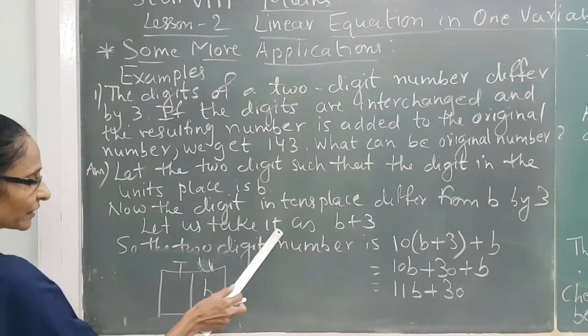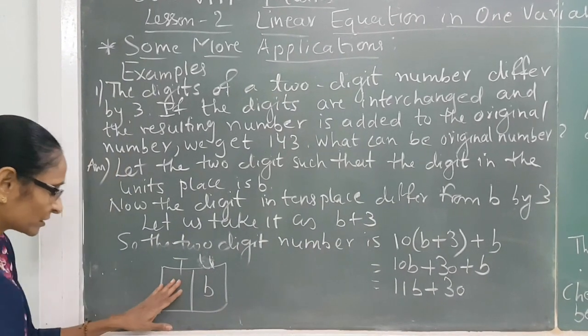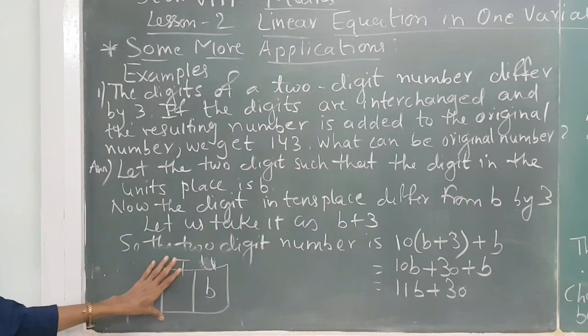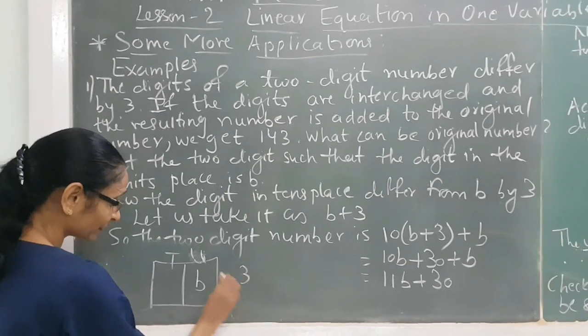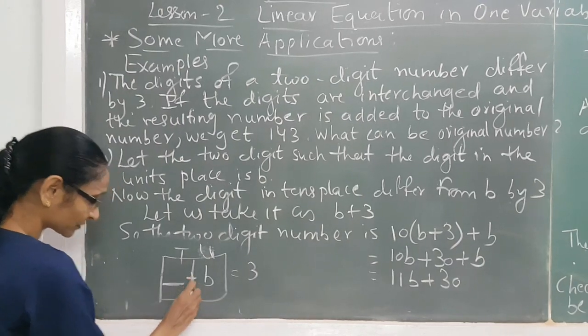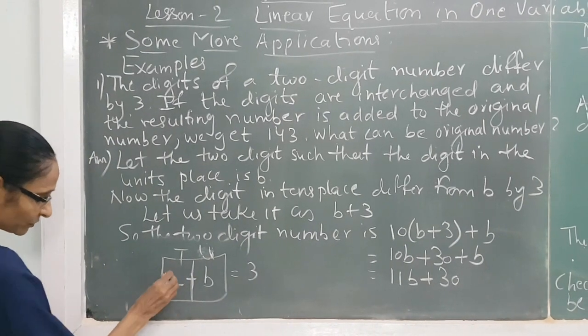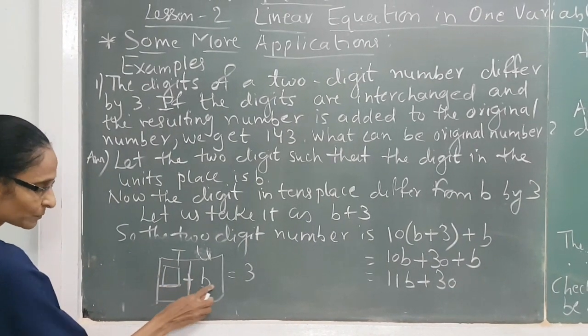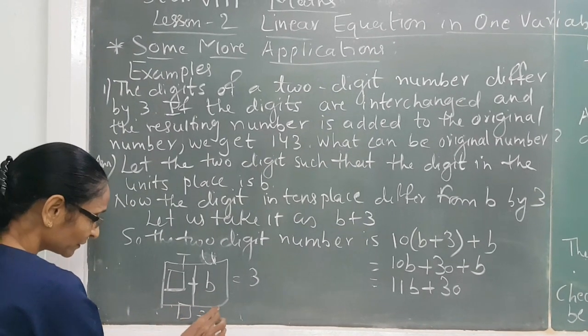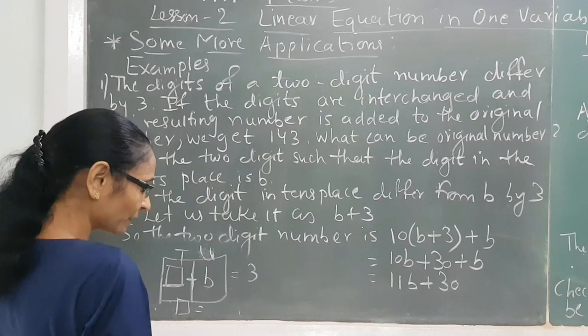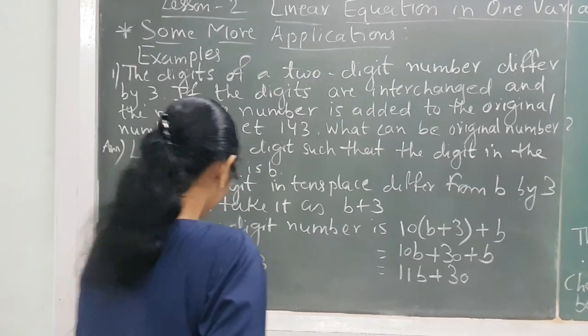So let us take it as B plus 3. Why? Because it differs by 3 and we don't know what the tens place is. So if you take it as a box, box minus B is equal to 3. Therefore, this box can be B plus 3. Clear?